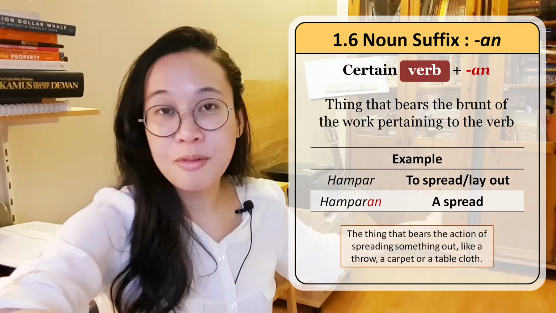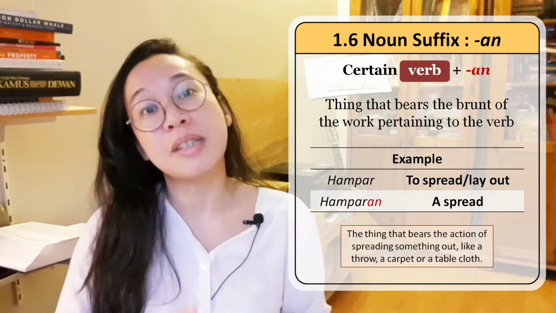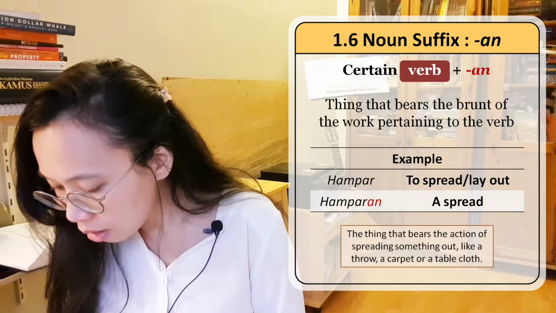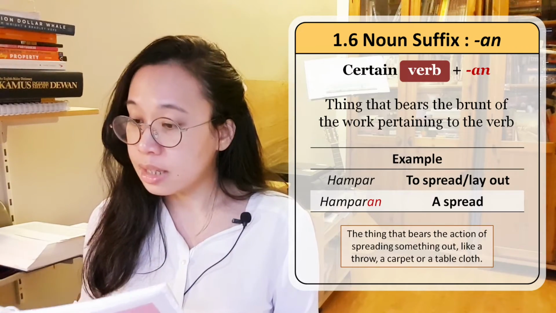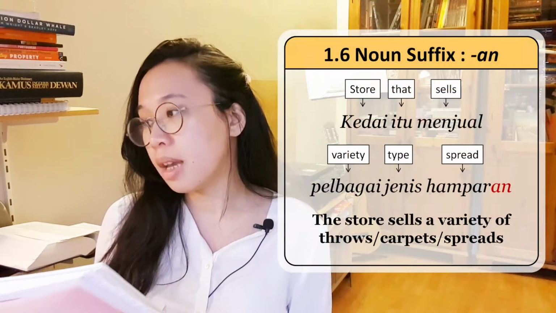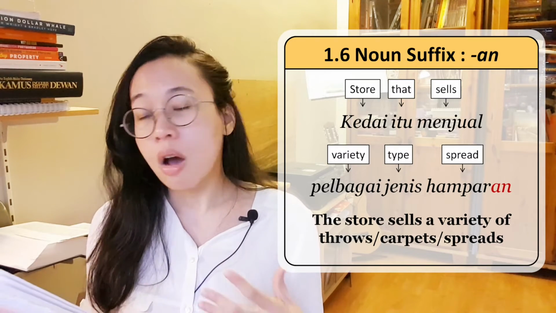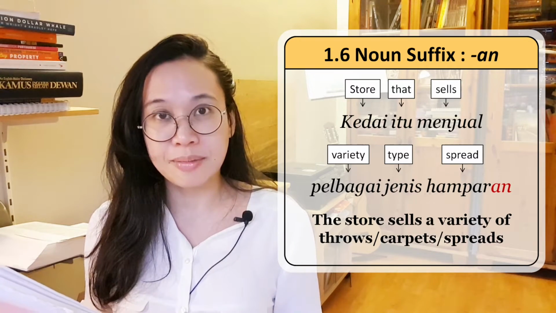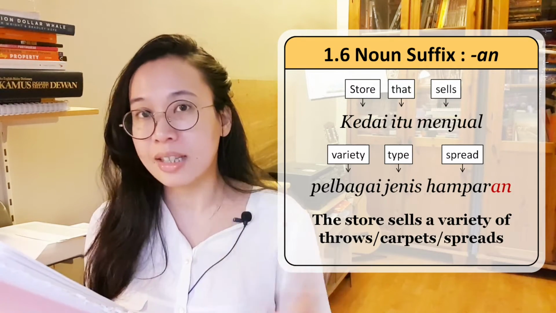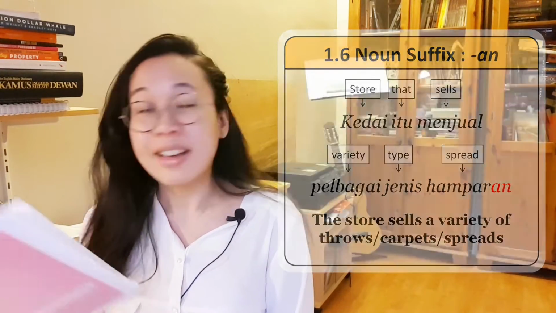Basically a throw or a carpet is a subset of hamparan, a thing that bears the action of being spread out. Example of a sentence, kedai itu menjual pelbagai jenis hamparan. That store sells all sorts of or all types of throws or carpets, hamparan, things that you throw or spread out.